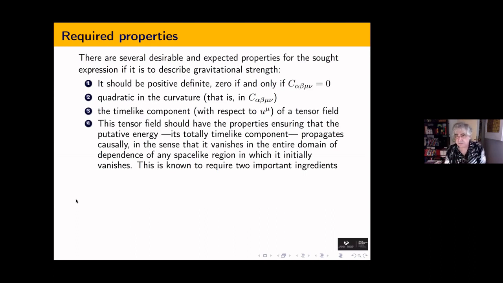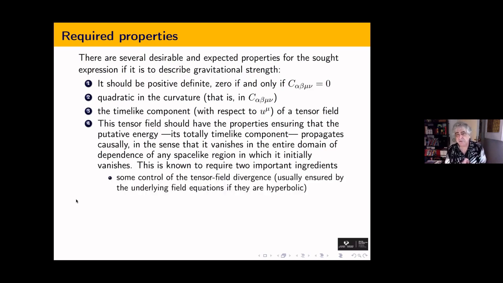And for this to happen, the underlying tensor field needs two important ingredients. The first one is some control on the divergence of the tensor field, which in the usual cases is ensured by the underlying field equations if they are, for example, hyperbolic.